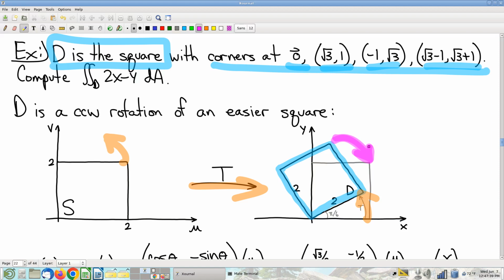So good news, easy geometry. This square over here has side length 2, and so after all of this rotating, the pullback domain also has side length 2, and it's again just about the easiest domain we can imagine. So big win. Everybody happy? Details to follow.